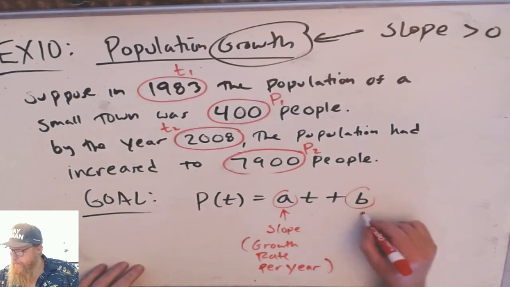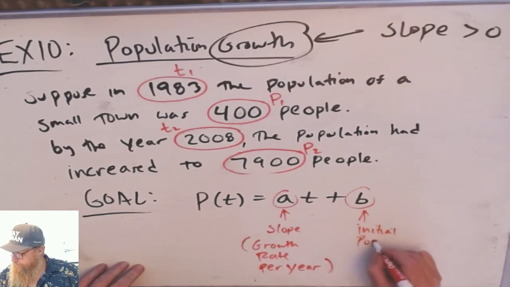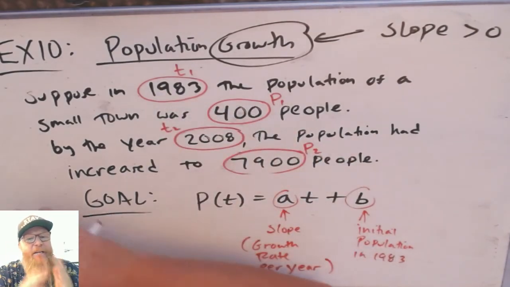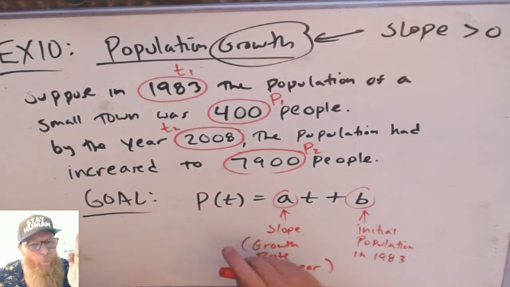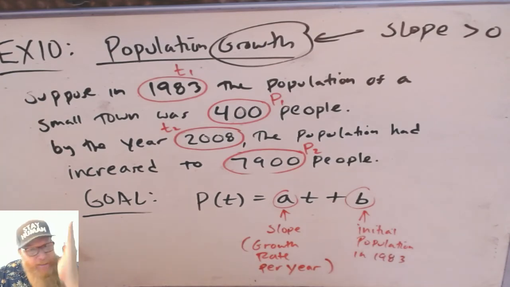And then B is the initial population in 1983. All right, so in other words, we're treating 1983 as if that was the first day of the world. Yeah, because we don't have any data that goes back farther than 1983. So it's as if everything started at 1983.